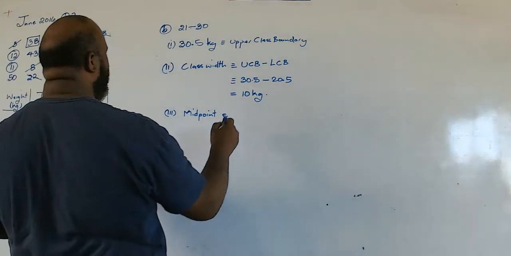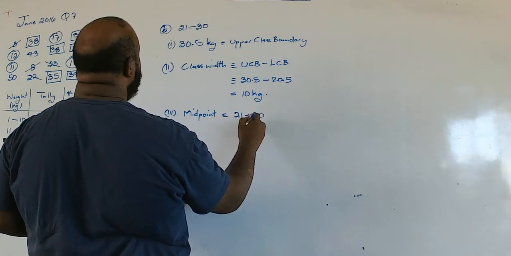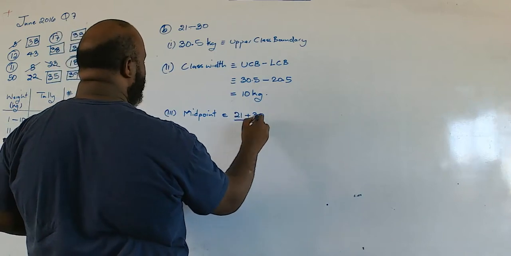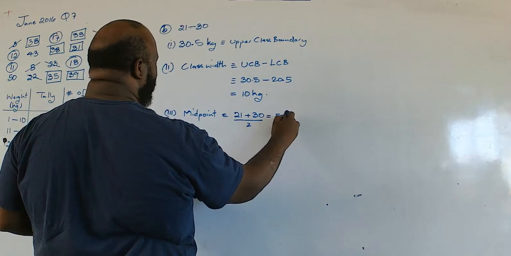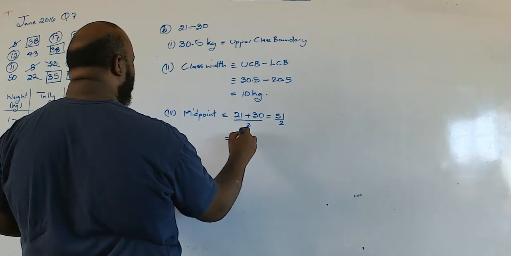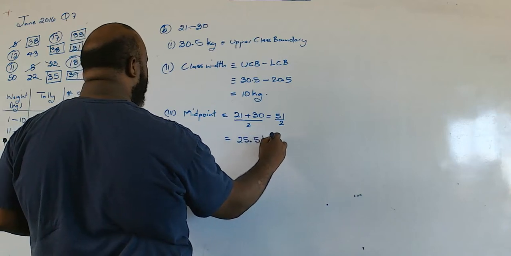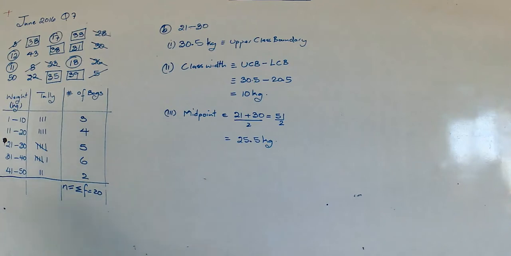So the midpoint would be 21 plus 30, upper limit and lower limit, divided by 2. So this is 51 over 2. The class midpoint is 25.5 kilograms. It's the upper limit plus the lower limit divided by 2.